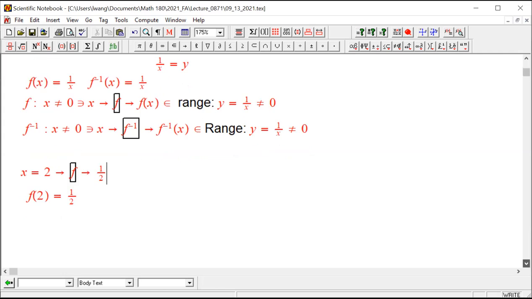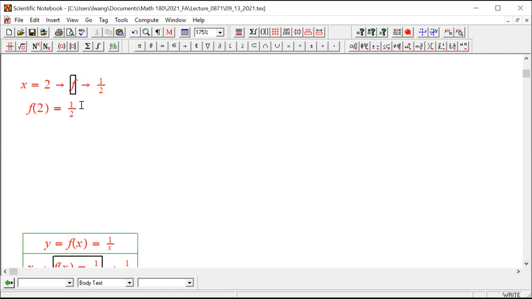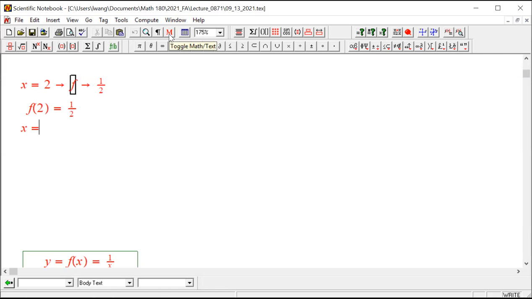So I'm going to give you a couple of numbers to do. x equals -2 is given to f, and you're going to produce the output.